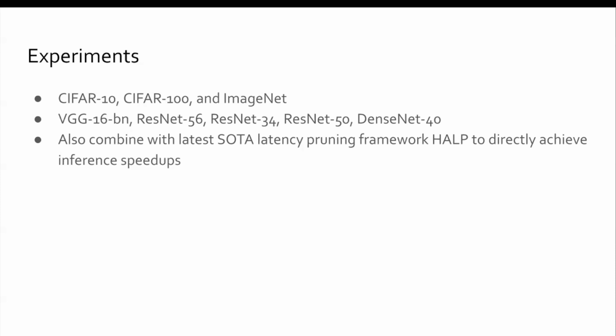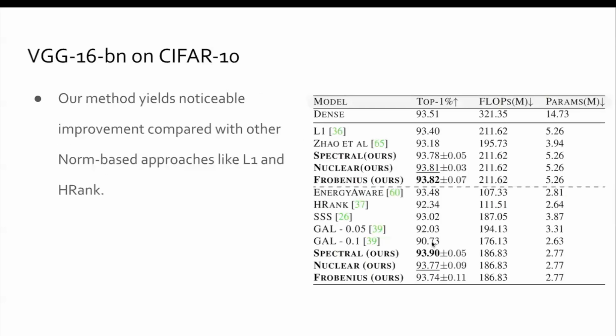Furthermore, we also show that our methodology can combine with other state-of-the-art latency pruning frameworks to yield further improvement. For the full results, please refer to our paper. Here I will briefly show two results from our paper.